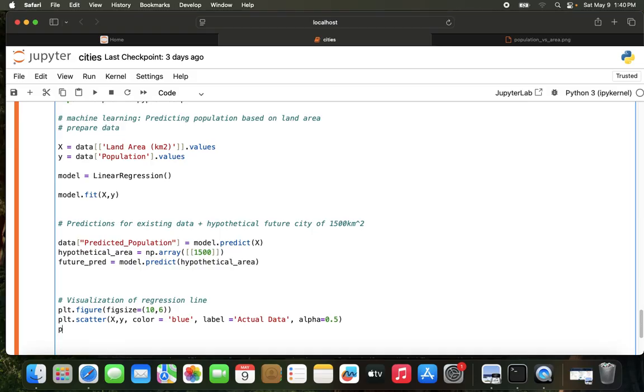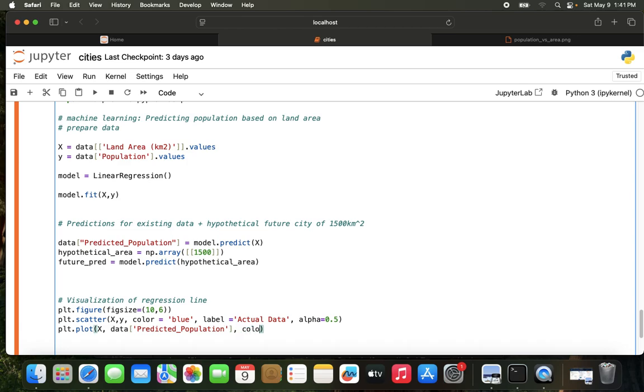And then let's do plot, and in here we can pass x, and then we want to use our new column, which is predicted population. Let me see, I hope I got the spelling right. Population, and then let's have some styling.